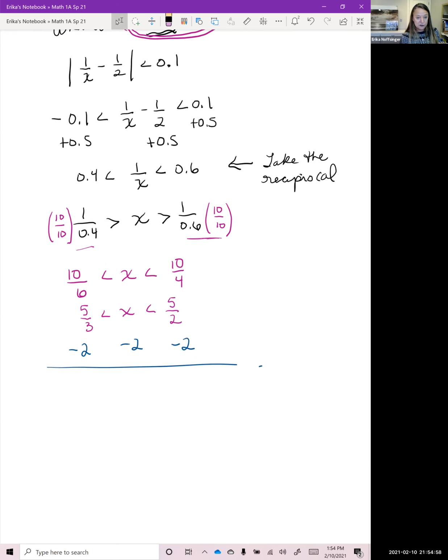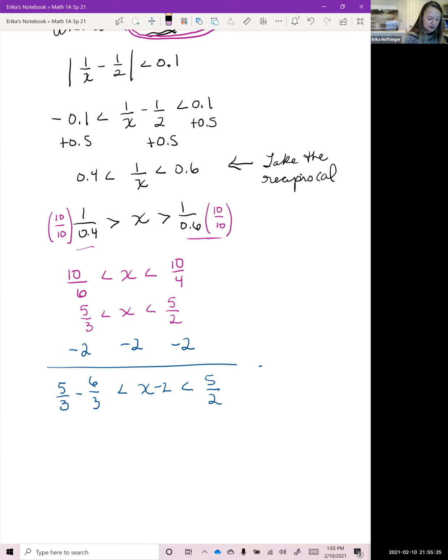Well, in order to add a number and a fraction, I need a common denominator. So basically, this is 5/3 minus 2, but my denominator is 3. So I'm going to rewrite my minus 2 as a minus 6/3 is less than this x minus 2 is less than this 5/2 minus 2.